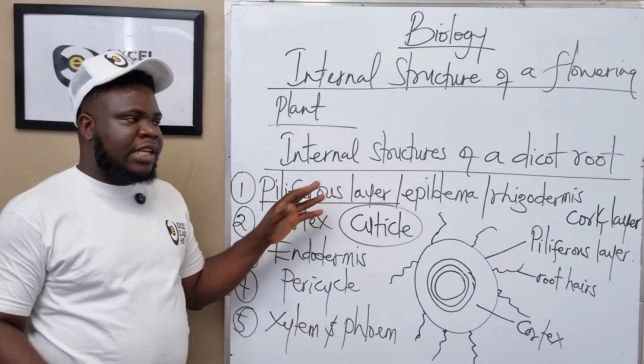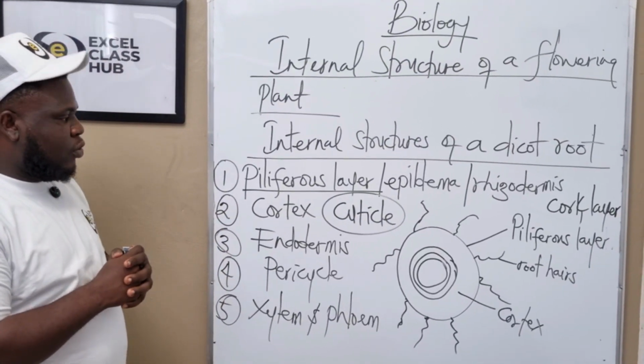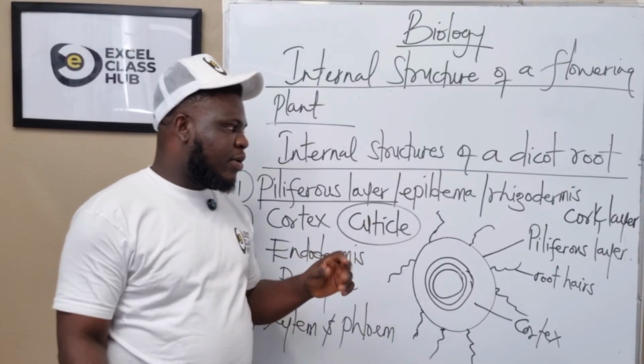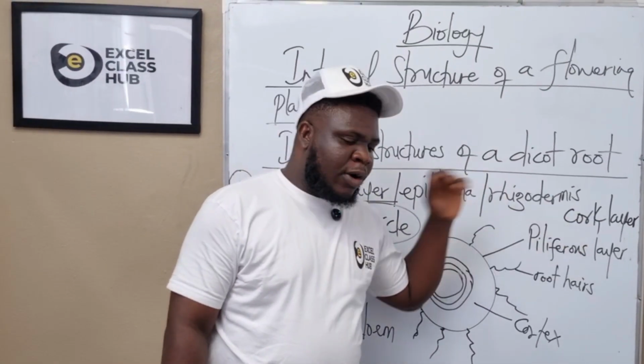So the piliferous layer is not a permanent structure in the internal structure of the root, because as the plant ages, the piliferous layer will be replaced, after breaking away, by what we call the cork layer.